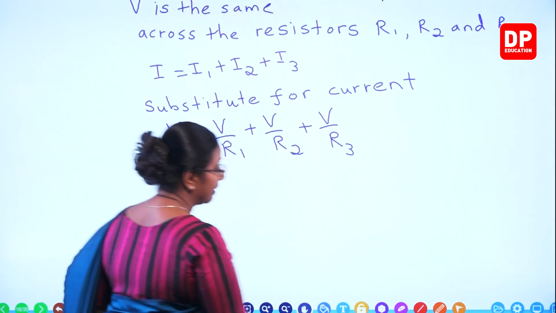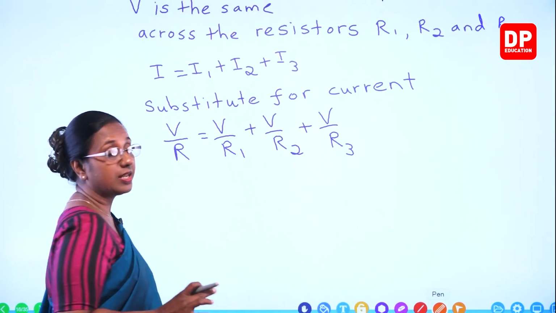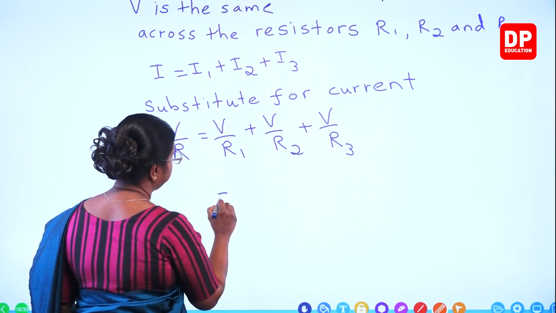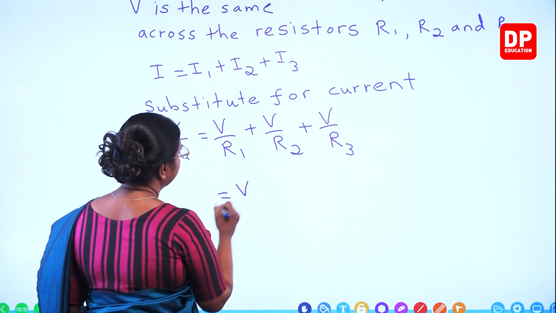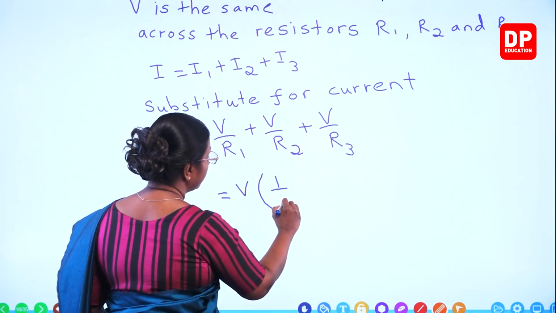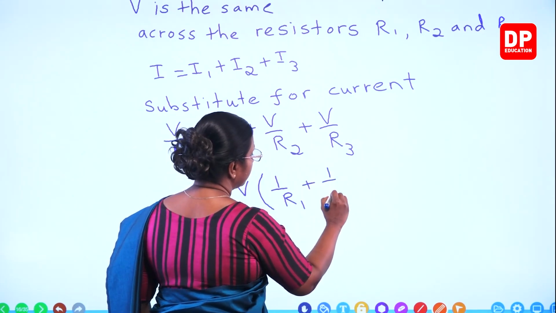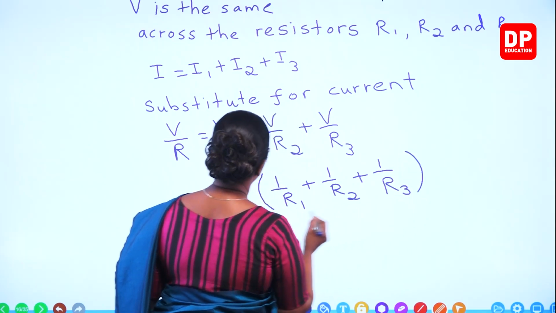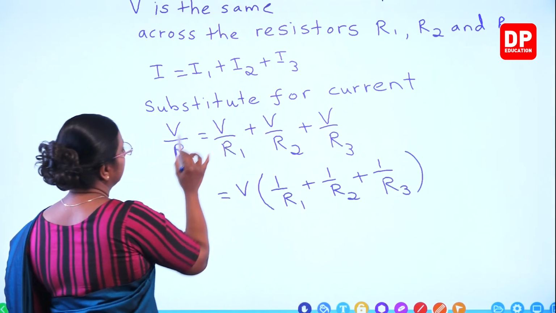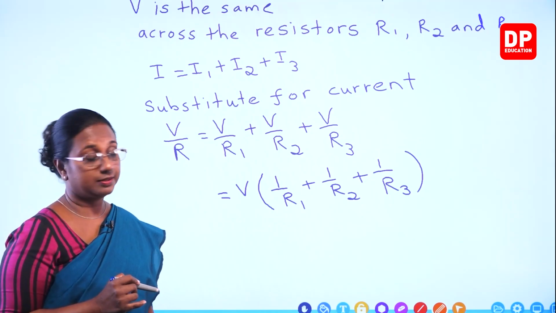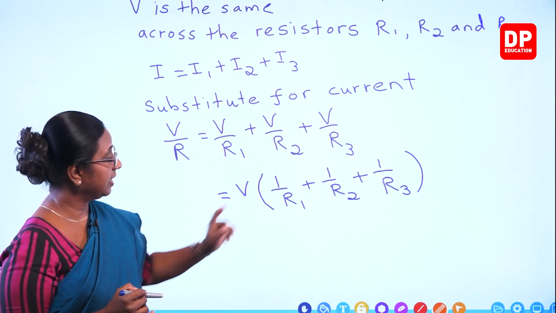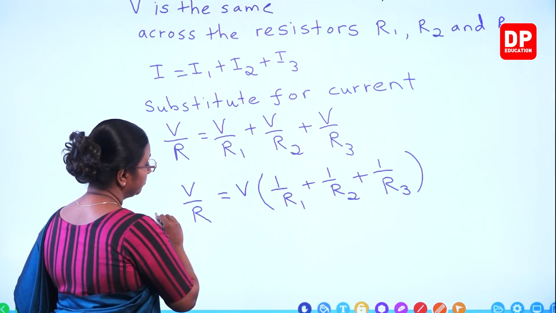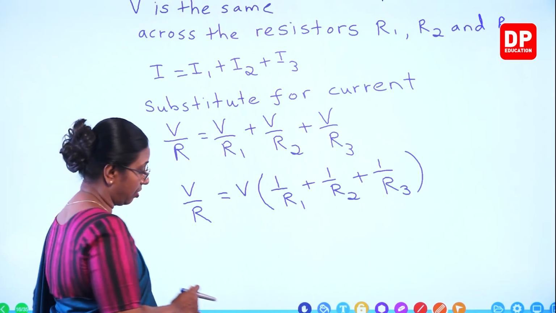Then you all know in maths, the next step what I am going to write is optional. You can skip that step as well. So, here V over R, we can take the V out, then 1 over R1 plus 1 over R2 plus 1 over R3. Why? Here V is a common factor. So, we can take the V out, you get the equation this way. So this side also we have V over R. So the V and V will be cancelled off.